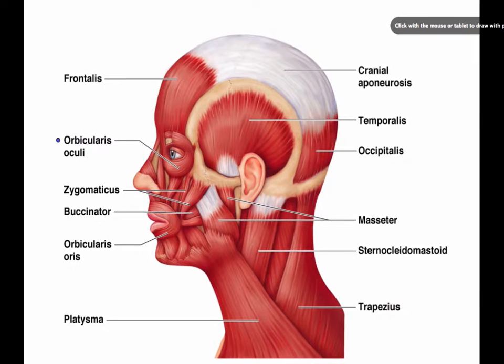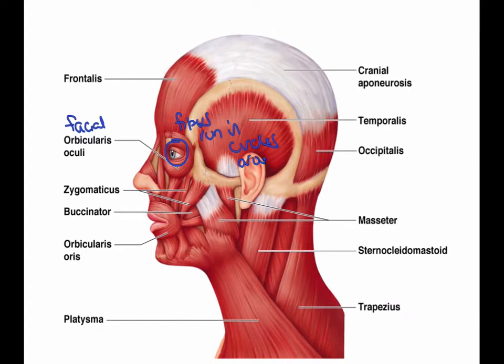Okay, so next up we have the Orbicularis Oculi, and that's this circular muscle right around the eye. And the Orbicularis Oculi is also a facial muscle. It's part of the facial group. The description is that they have fibers that run in circles around the eye. So the fibers run in circles around the eye. The origin has two origins here.